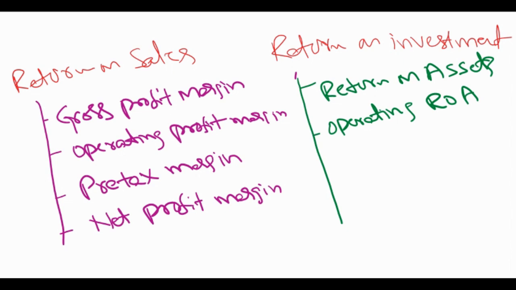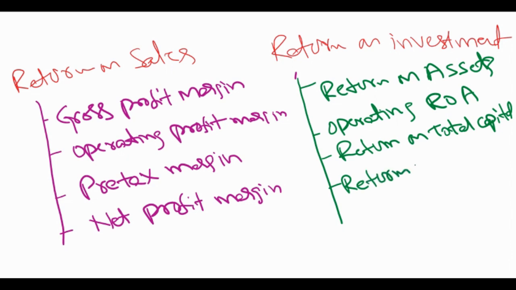And return on total capital, and then return on equity, and return on common equity, ROCE. This is ROE, return on equity, and return on common equity.